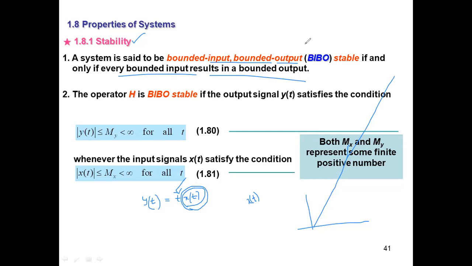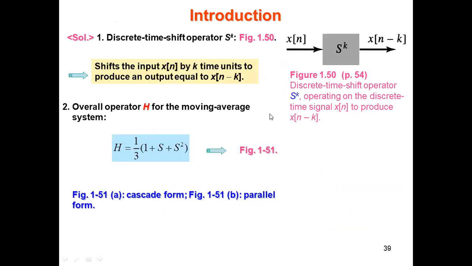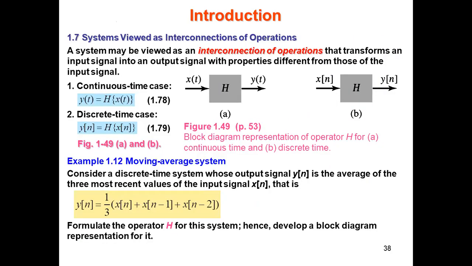Let me take you back to that previous example here. Now you can see, in this particular case, if your inputs are stable, in the sense some value less than infinity, then is there any means by which this y of n can go to infinity?